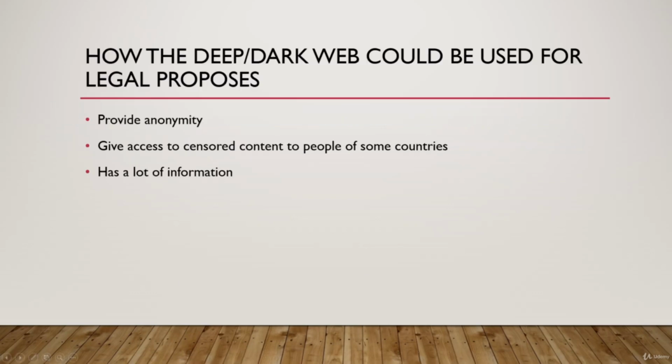All right. So the first thing is it provides people anonymity. The main goal of Tor and this whole concept of the deep slash dark web is really the concept of anonymity.